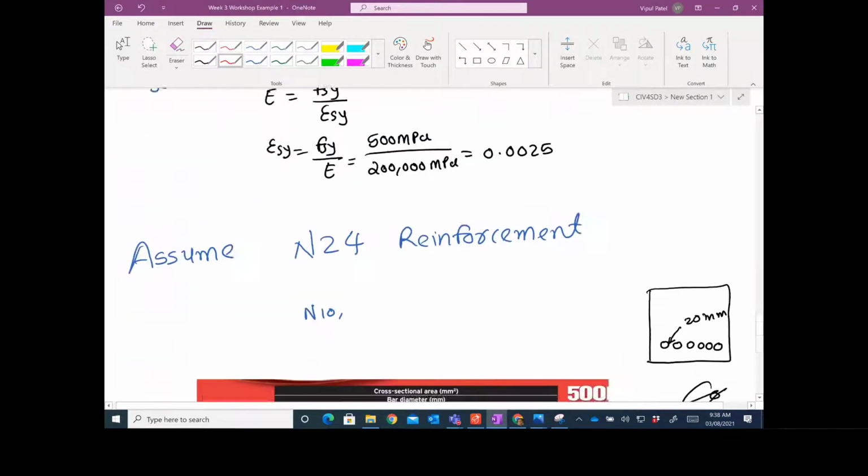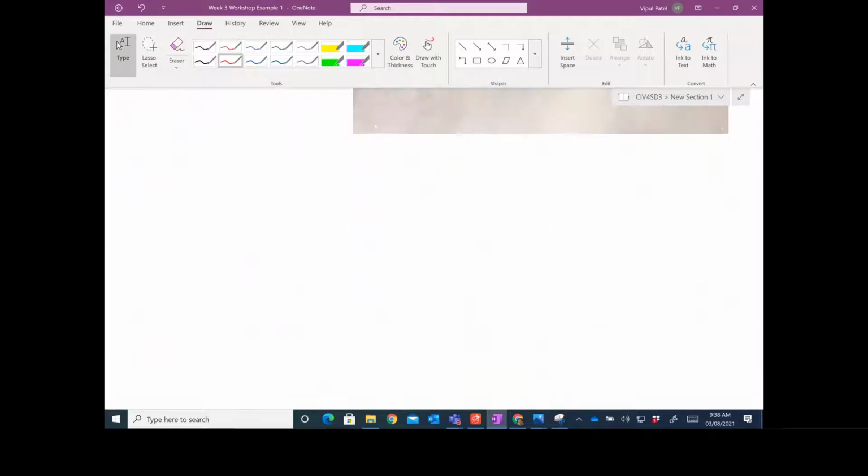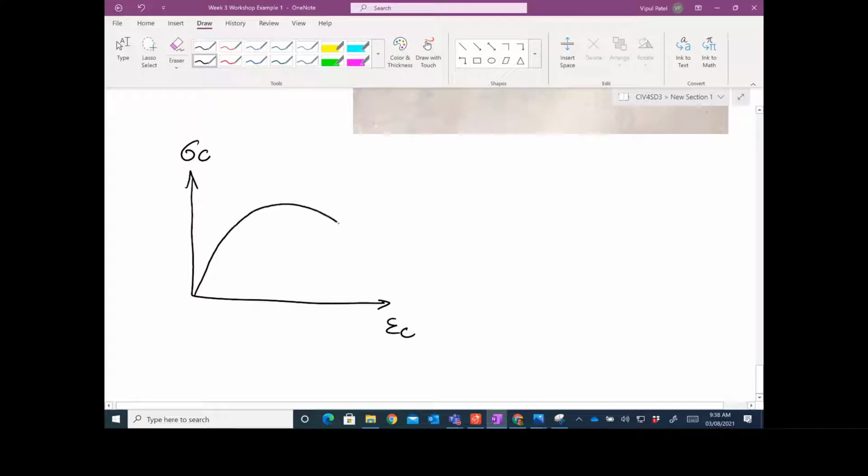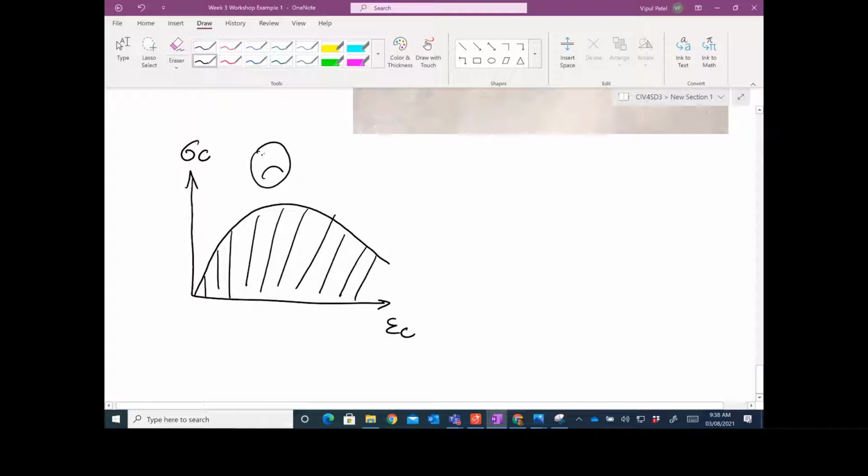The reason is that, as we explained, if you draw the concrete stress-strain curve, it is curved like this. If someone asks you to find the area under this stress-strain curve, you will have a hard time, right? Engineers don't like it.